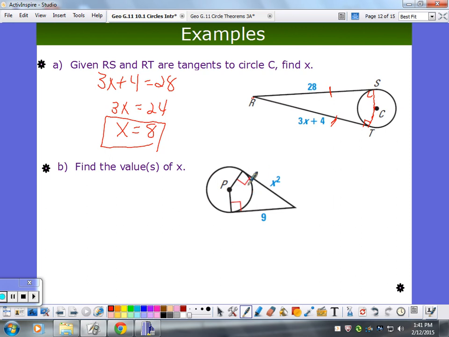Because I see these little markers here, what do I know about these two things? They are tangents. Therefore, they will be congruent because they're coming from the same external point. So that means that x squared is 9. What's the value of x? 3.